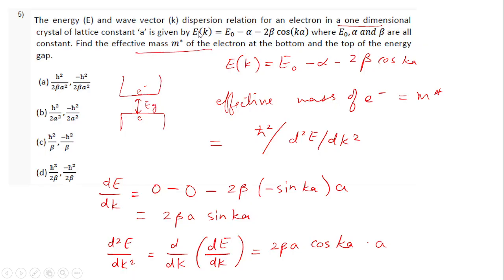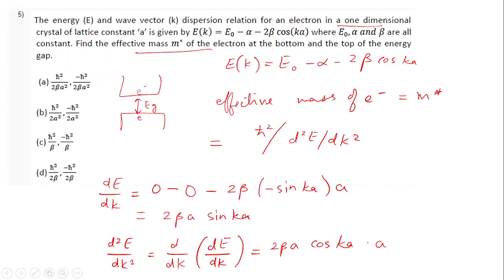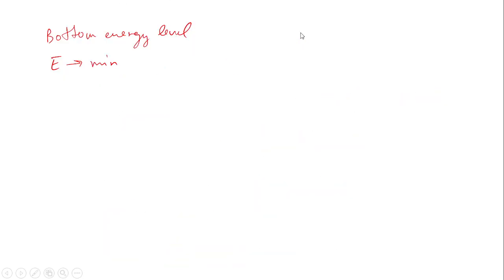So for the bottom of the energy gap, E will be minimum, and E will be minimum only when cos Ka is maximum, and the maximum value it can have is plus 1.